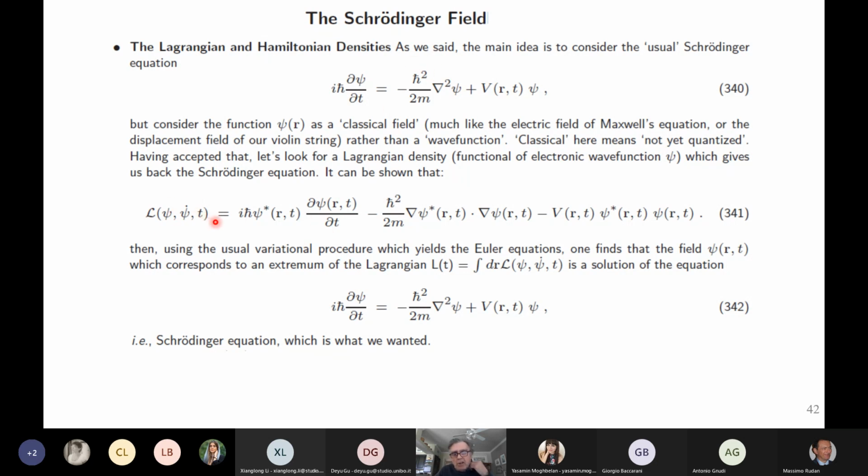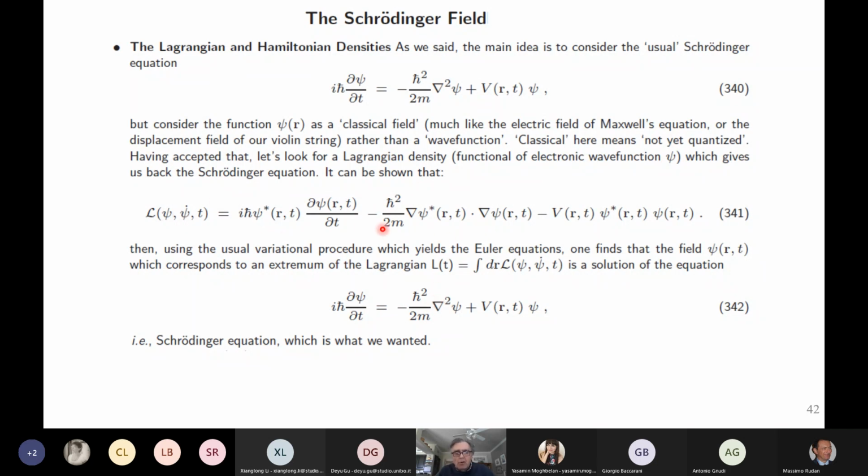And indeed, you can check that this Lagrangian density, which is i h-bar times phi star times psi dot, minus the dot product of the two gradients of the complex conjugate of psi and psi itself, minus the potential times this object. If I take this as a Lagrangian density and I write the Euler-Lagrange equation, I'm lying here, I don't quite get this equation, I get the complex conjugate of this equation.